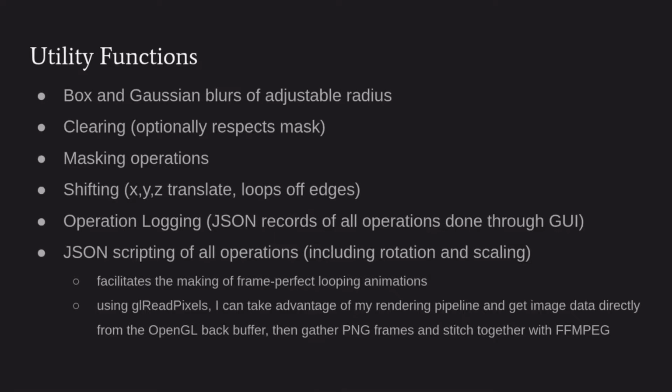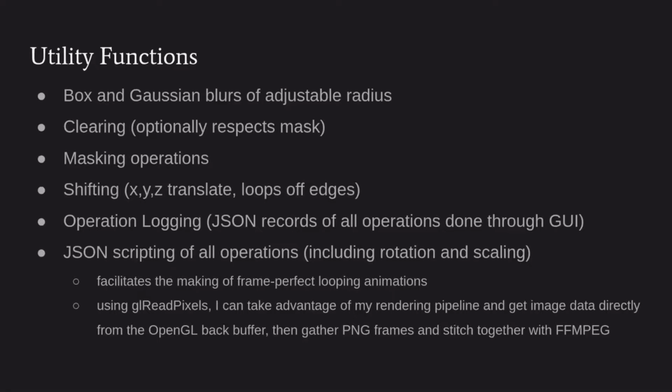So the operation logging, this is actually very cool. This is something I've been working on the past 3 or 4 days pretty seriously. It's not exactly done yet, but the idea is everything you do in the editor is logged to a list of JSON records of types of operations and all the parameters to that operation.